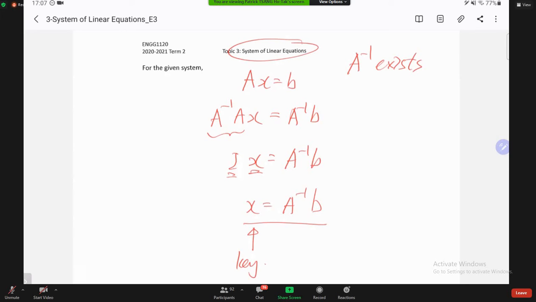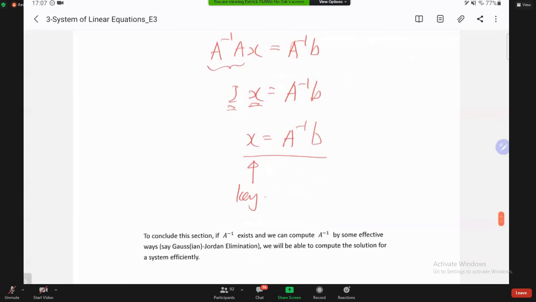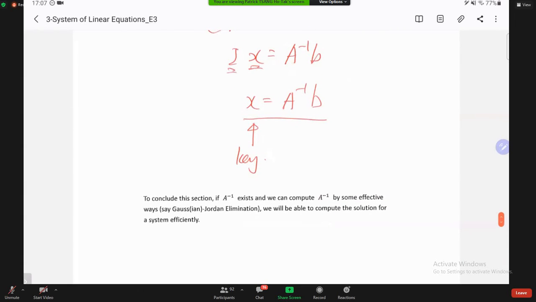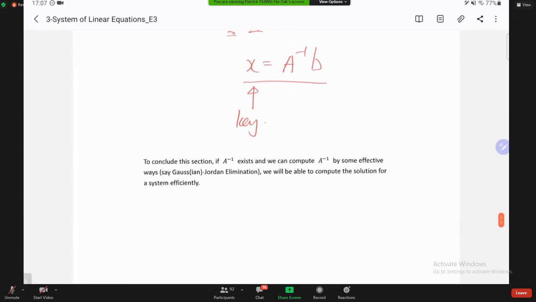But we rely on A inverse. So if we can find A inverse easily, that means the solution of the system can be found easily. I hope you can see the rationale behind. To conclude this section, I hope at this moment you should be able to see why we keep on using A inverse as our focus.